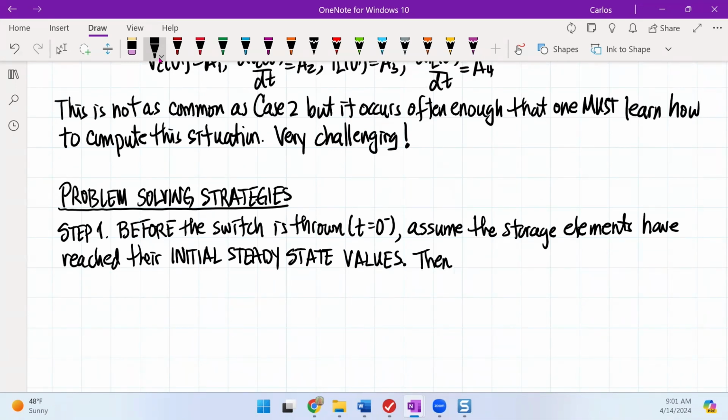Then replace them with their equivalents.